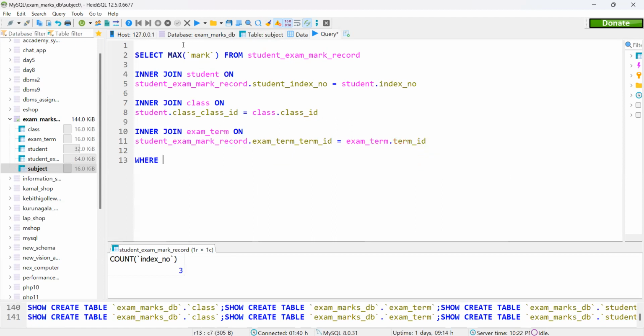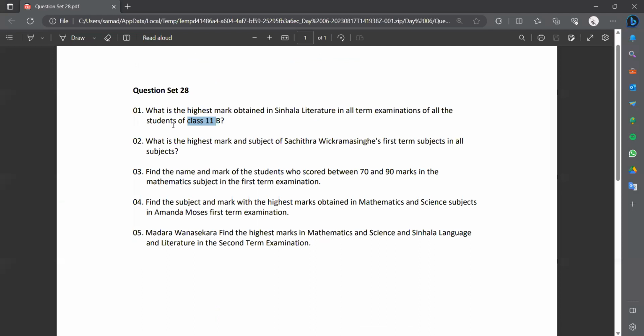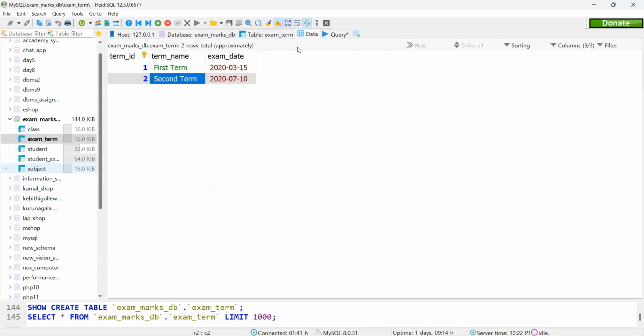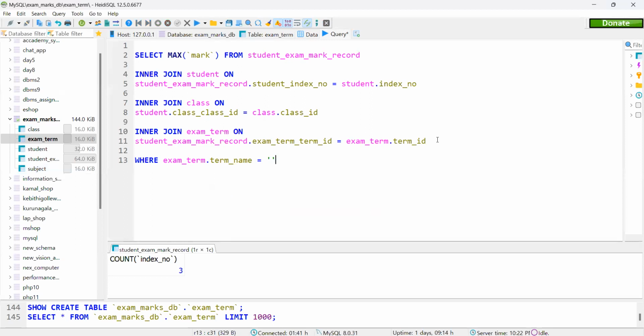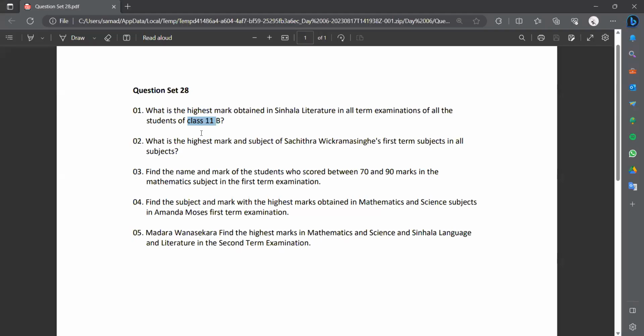Then where exam term name equal to... in our question it's for all terms, then we don't need our term table, and this one also we don't need. Class table and subject table.